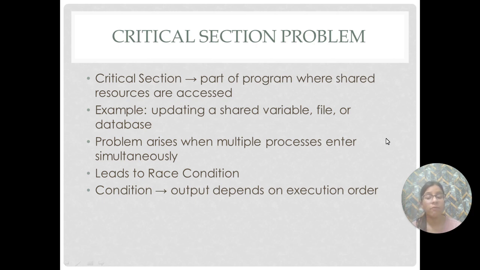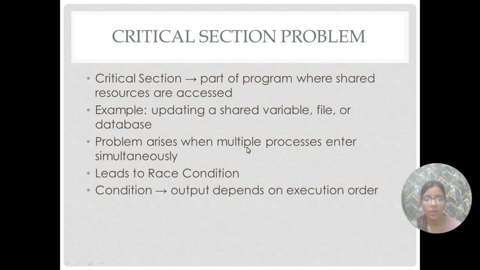If more than one process enters this section at the same time, it can create a problem called a race condition. What is a race condition? It is when the results depend upon which process runs first.